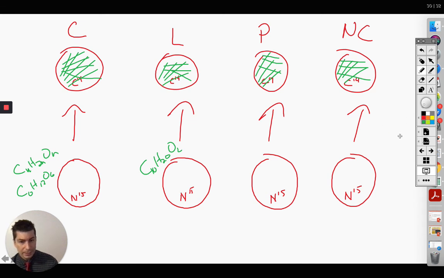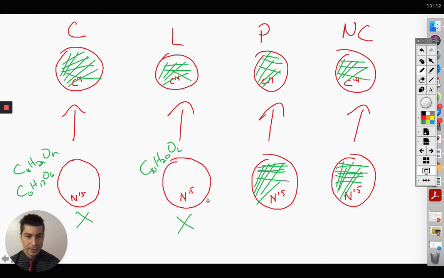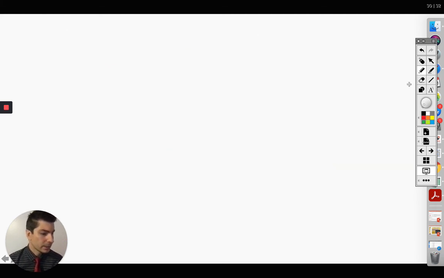Our proteins and our nucleic acids, the proteins have that amino group on the side that has the N, and the nucleic acids have the nitrogenous base that has the N. So these ones, we would have growth. Okay? And then the carbohydrates and the lipids would have no growth because they don't have any nitrogen in them. All right? So there is a good example there, guys.